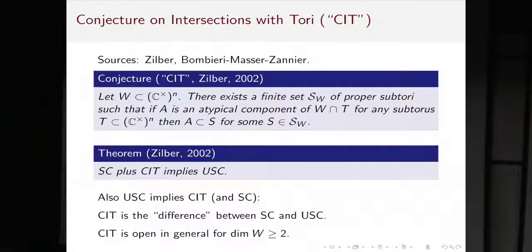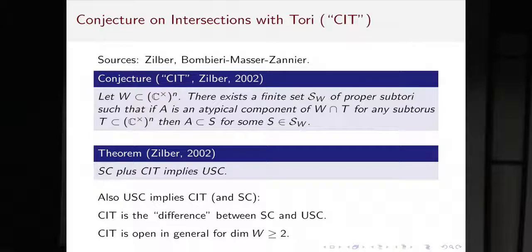So this led Zilber to make the following conjecture, in which the exponential function is somehow in the background. This conjecture only concerns algebraic subvarieties of C cross to the n and algebraic subgroups. So this is the CIT, and it has two sources really, in the work of Zilber and in the work of Bombieri, Masser and Zannier, which we'll say a little bit about in a minute.